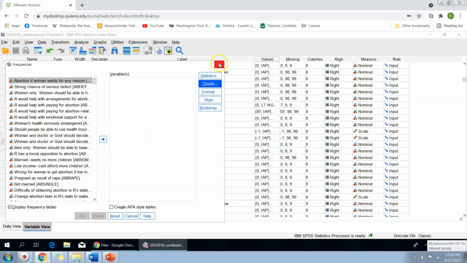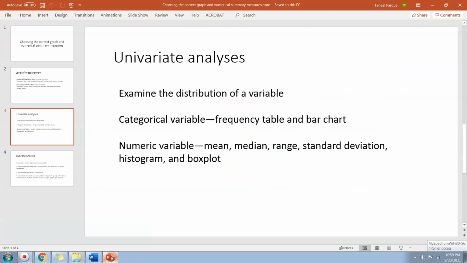All right. Now, if you've got a numeric variable, then you're going to use the Explore function, and that's going to give you the mean, median, range, standard deviation. Those are your numeric summary measures. And you're also going to look at a histogram and a box plot.